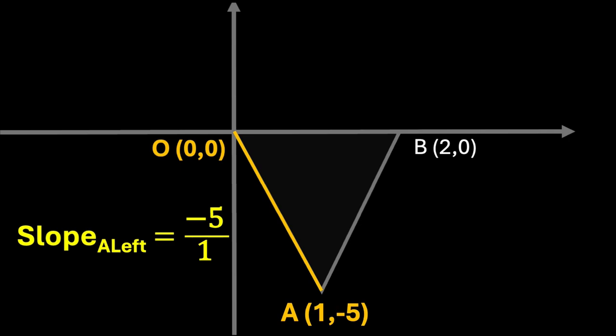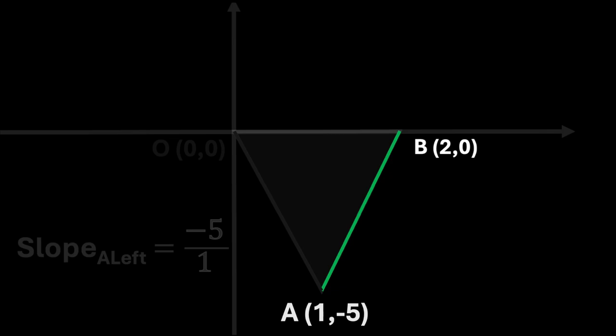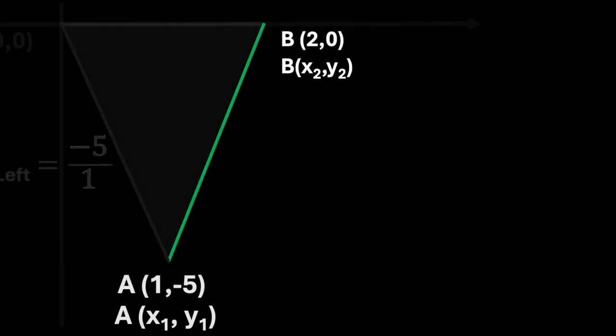So, to put it in a different way, the slope of OA before A, or towards the left of A, is minus 5 by 1. Now, what happens after A? Again, we have 2 points, x1, y1, x2, y2.